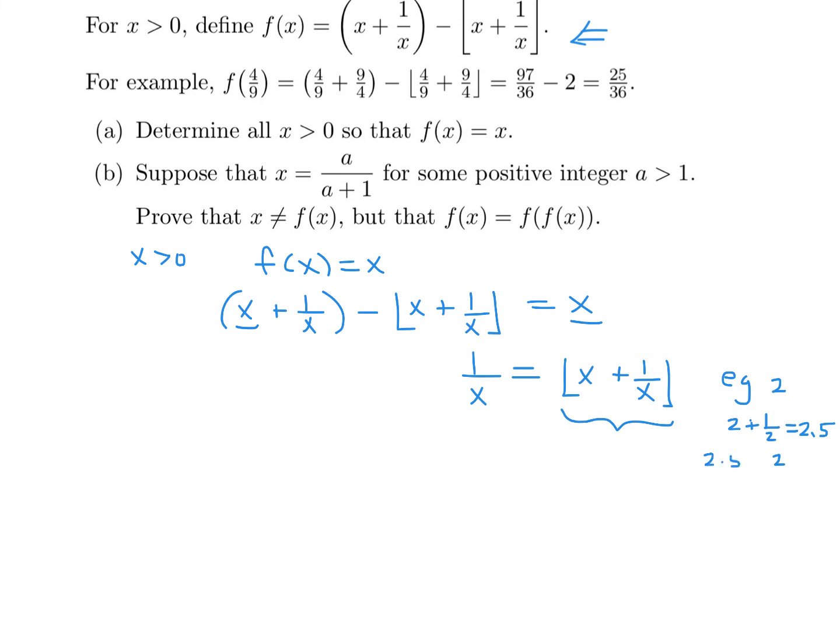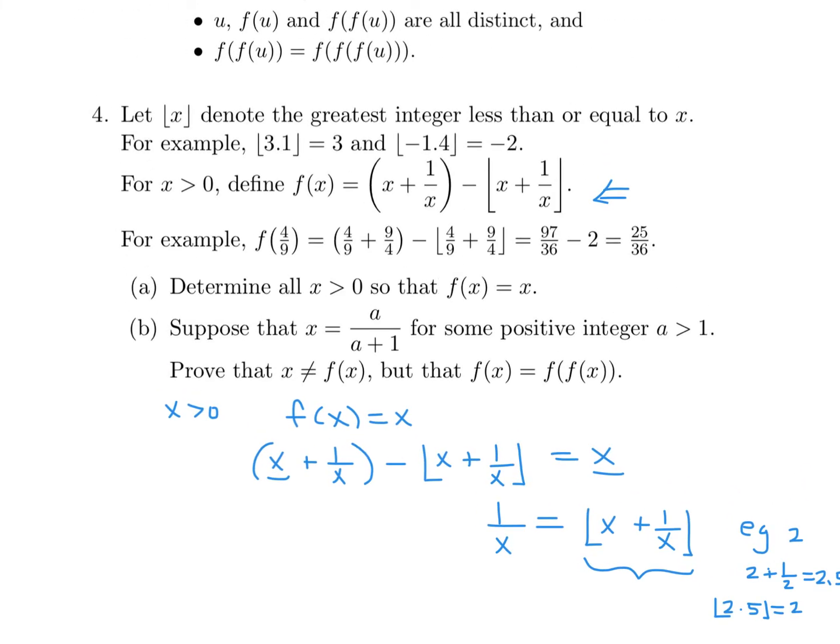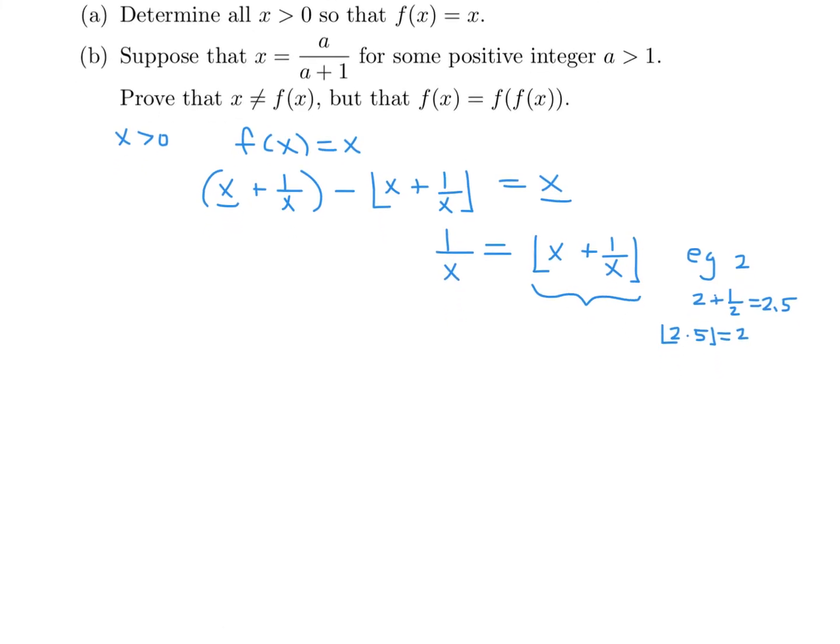Because ⌊2.5⌋ is 2, because by definition you're taking the greatest integer less than or equal to x. So therefore, this part has to be a positive integer, since x is greater than 0.